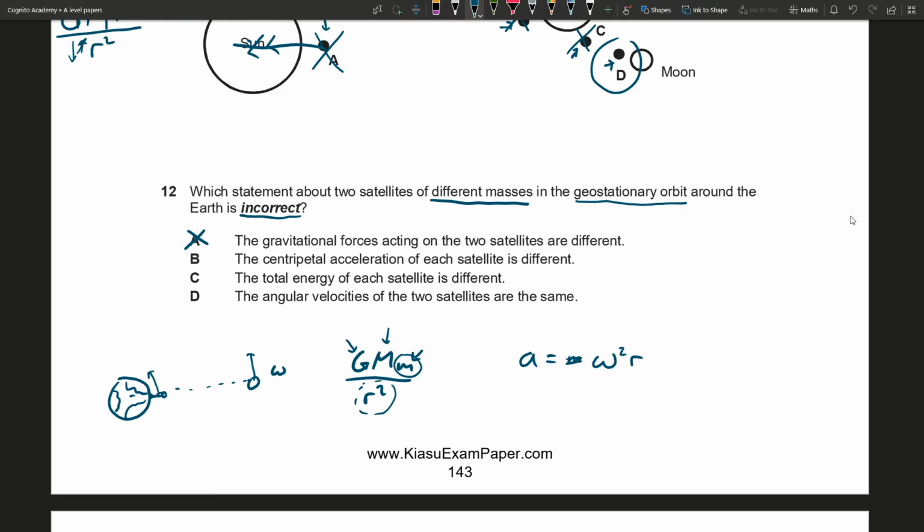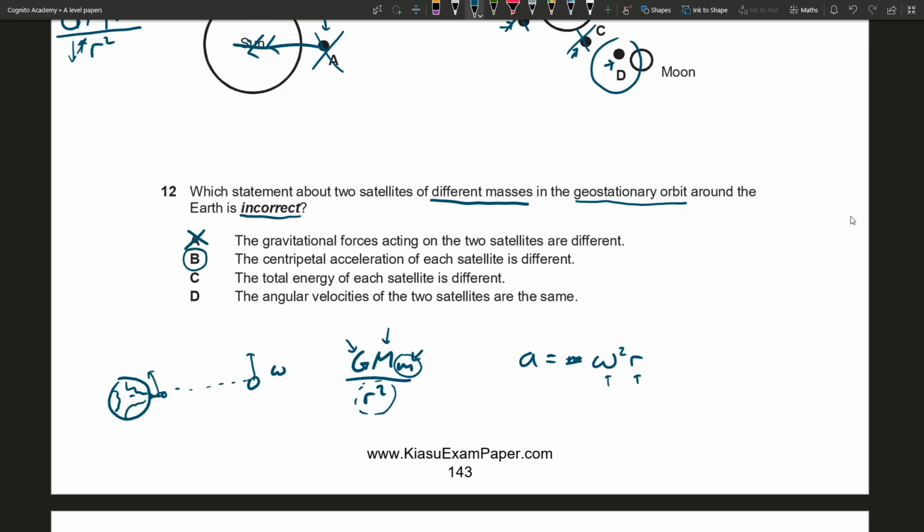Now, because the objects are both in geostationary orbit, as we discussed just now, the angular velocity is the same as the Earth and the same as each other. So because omega is the same and r is the same, the centripetal acceleration of the satellite cannot be different. So B is incorrect and B is our answer.